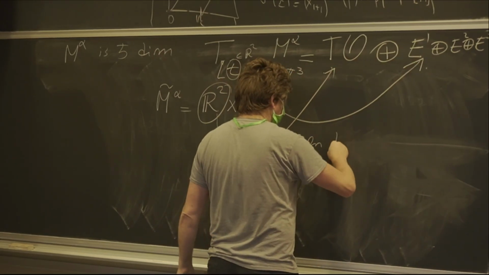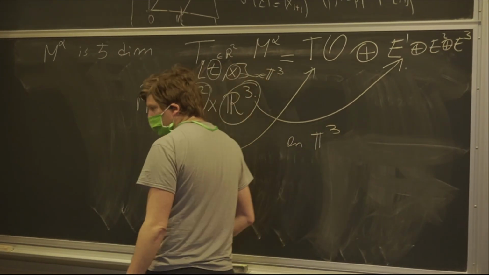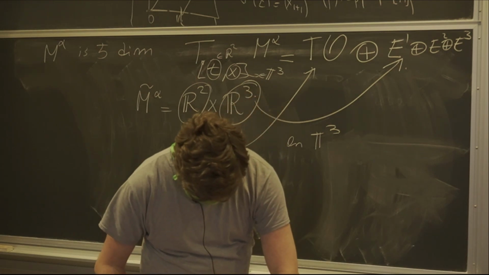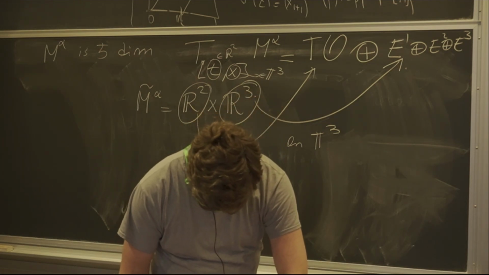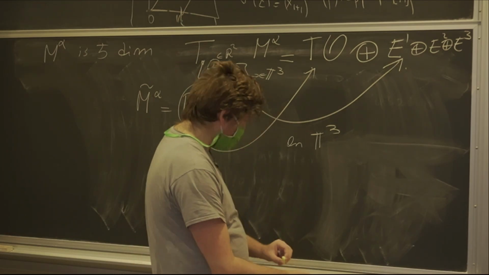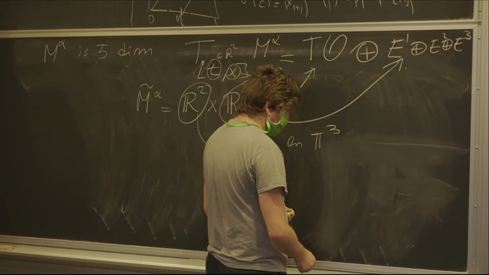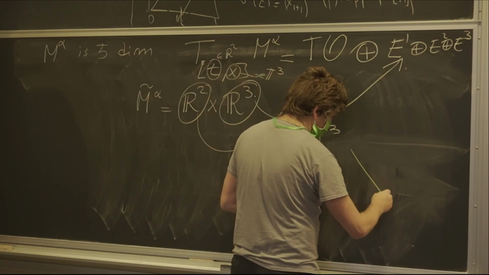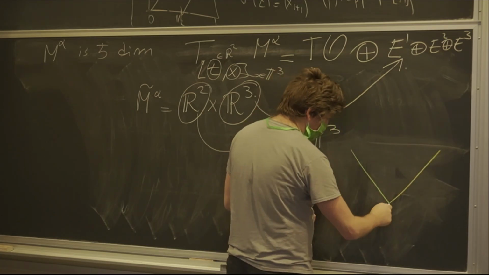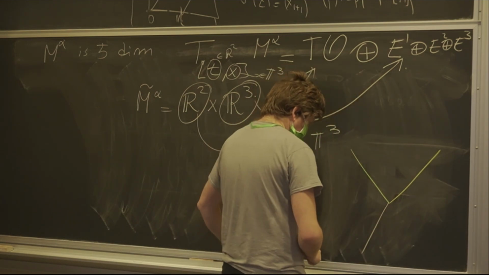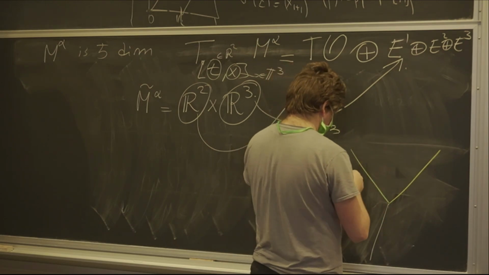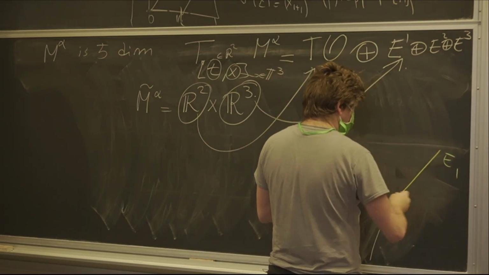So on T3, we have these three directions that I hope you see. I will not be able to see it, but I hope you do. So okay, this is E1.